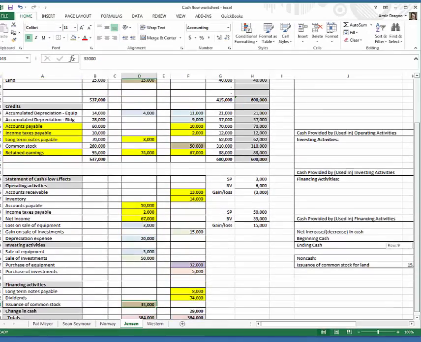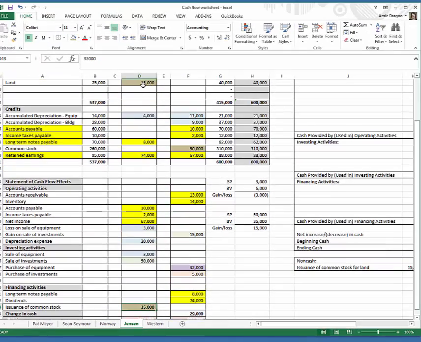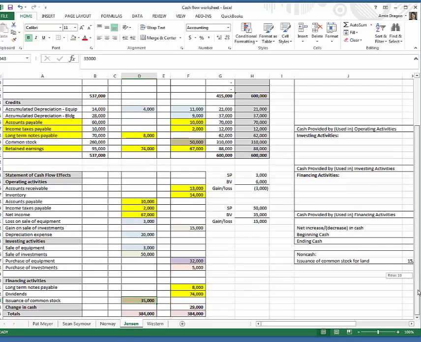Okay, so just to review that one more time, instead of bringing down a $15,000 offset to investing and a $50,000 offset to financing, because there was some offset between those two items, I'm only going to bring the difference down as cash. So 35,000 was the only cash piece for that transaction. Not the 50. I only received 35,000 in cash. So at this point, my worksheet's in balance at 384,000 on each side.